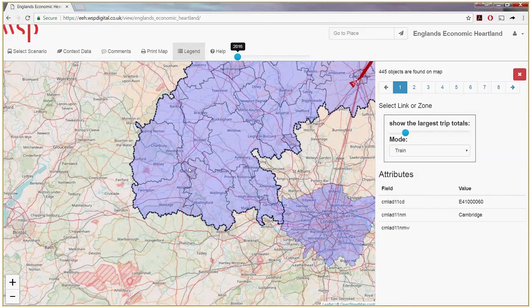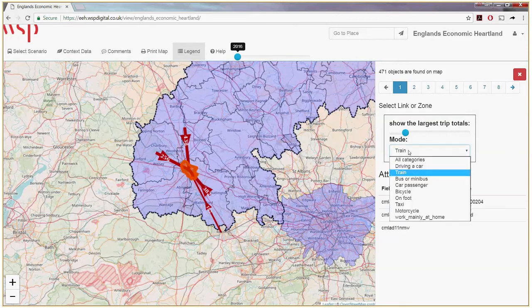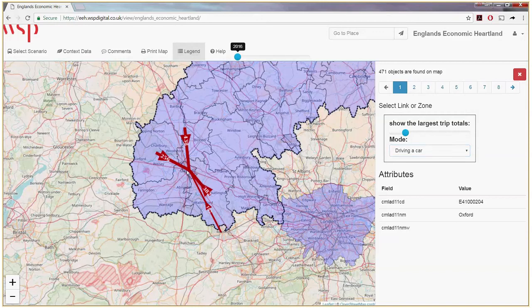In contrast with Oxford, where rail commuting seems relatively distributed. I think car the same. There's a much more even pattern of in-commuting all around the compass.